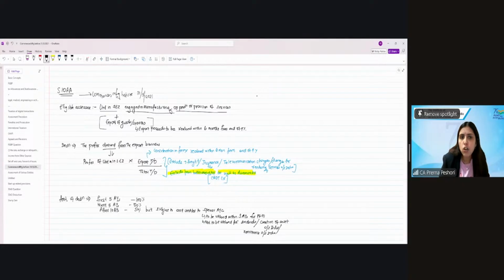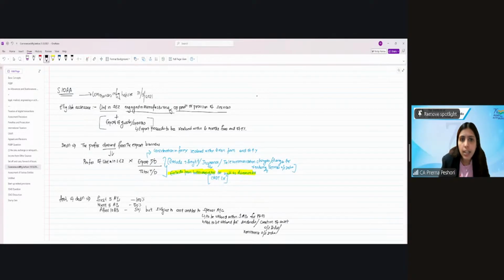And in the export turnover, what will be my export turnover? The export turnover will basically be my foreign exchange, the consideration that I have received in foreign exchange within 6 months from the end of the previous year.